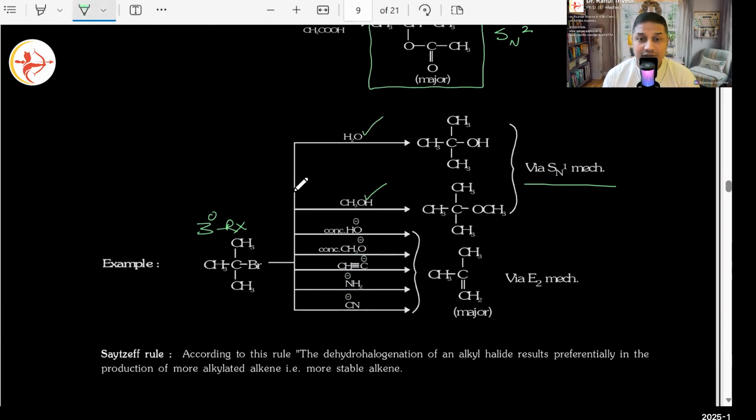If you go for these fellows, then there are chances of E2 happening because they are concentrated or stronger bases. You remember wherever stronger bases come into picture, and you have a bulkier alkyl halide, in that table we are in the bottom left now. Go to that table.